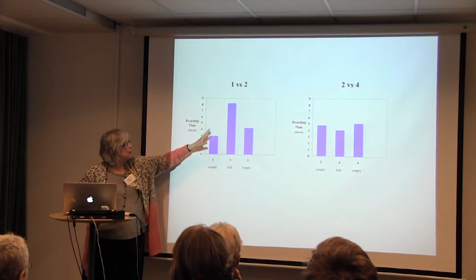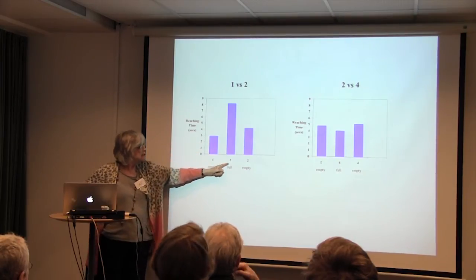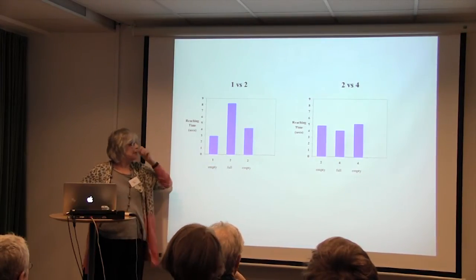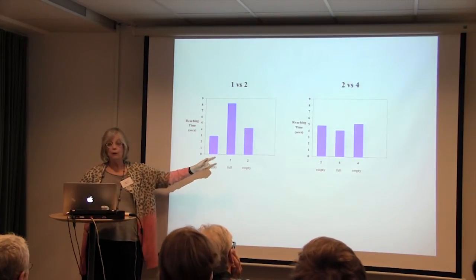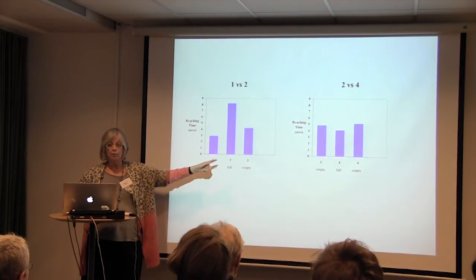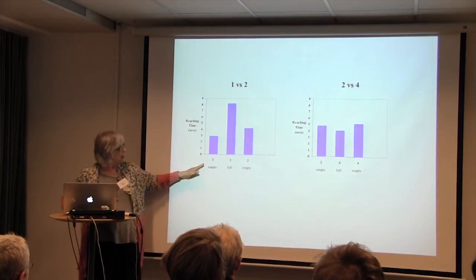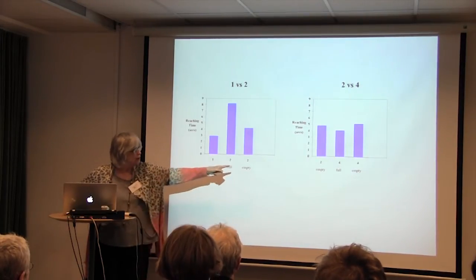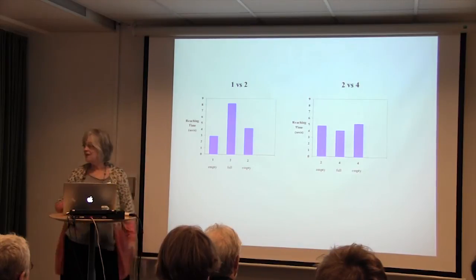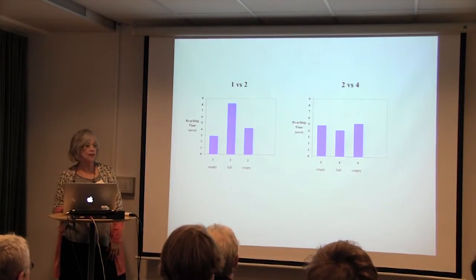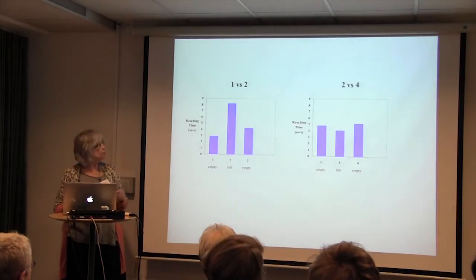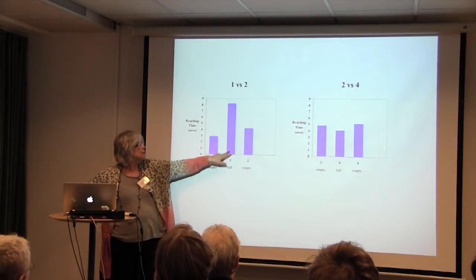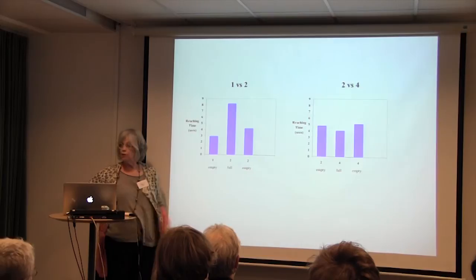So success on this task is much longer looking when it's expected full than when it's expected empty, either by 1 in, 1 out, 2 in, 2 out. Okay? Here's a success at 1 versus 2. There's 2 versus 4, right? Total failure, just like in the bucket choice task. And here is plotting this as the difference between this bar and the average of those 2 bars.